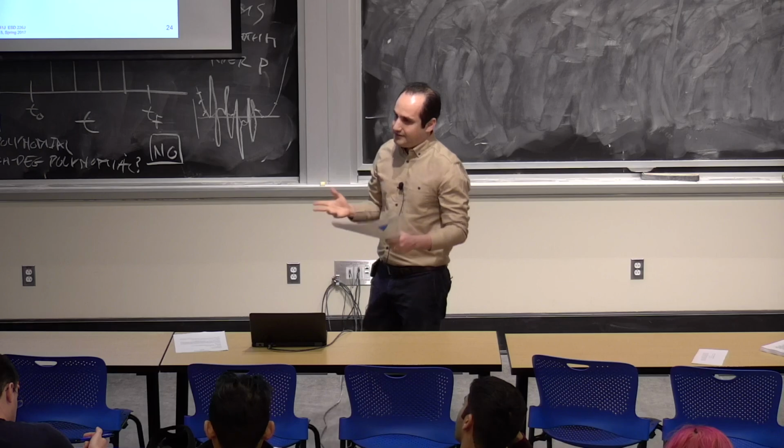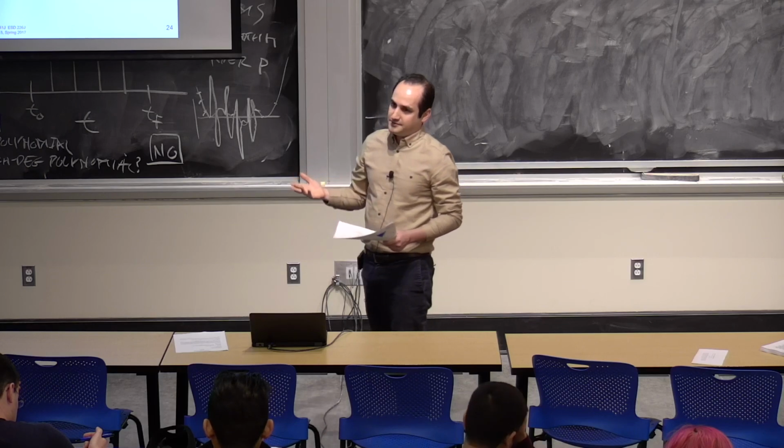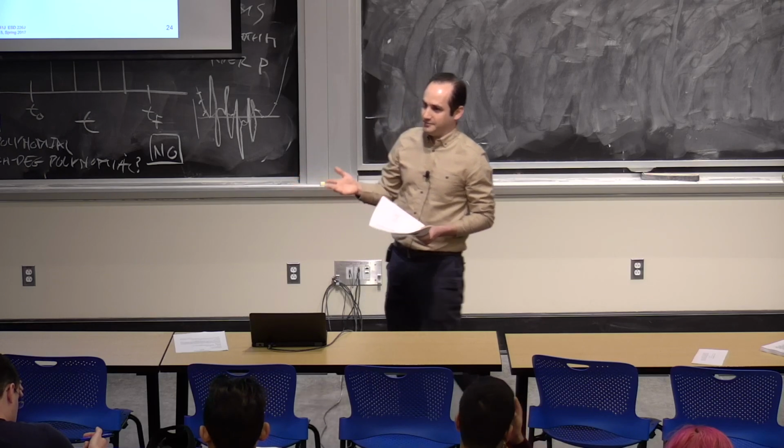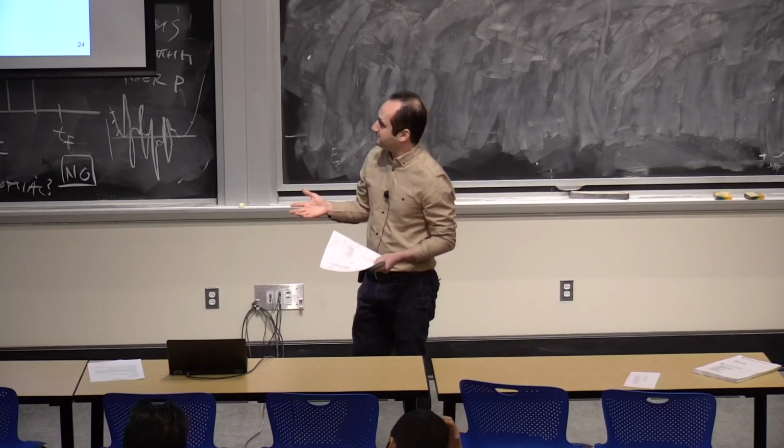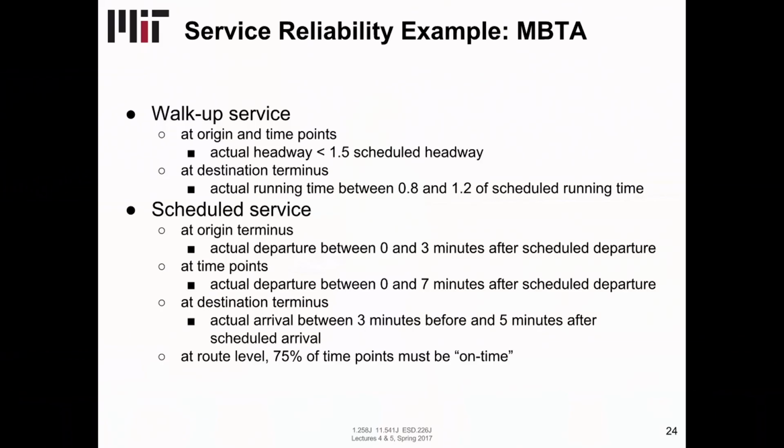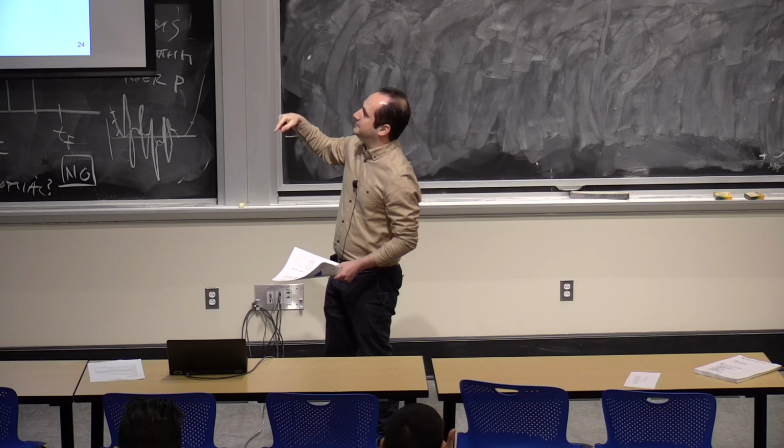In MBTA, for walk-up service, which is the case for most of the T service, it allows actual headway of up to 1.5 times the scheduled headway at origins and at time points. And then at destinations, it also defines another measure that deals with the scheduled running time. So basically, there are two hooks that it measures the service based on.